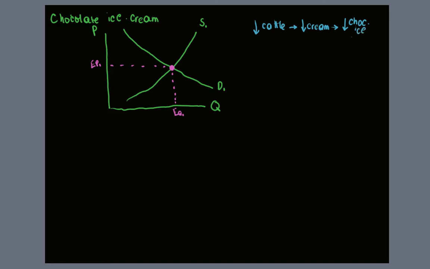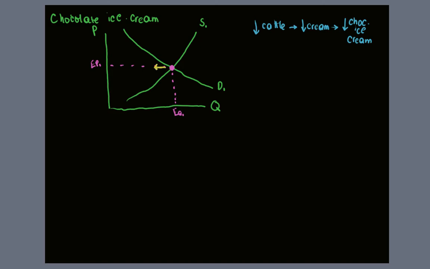So what that essentially means is that we have a reduction in our supply. And so if I come over and consider this initial equilibrium point, well, nothing has happened to the price of chocolate ice cream, but because of whatever has happened to this cattle, our supply has been reduced.